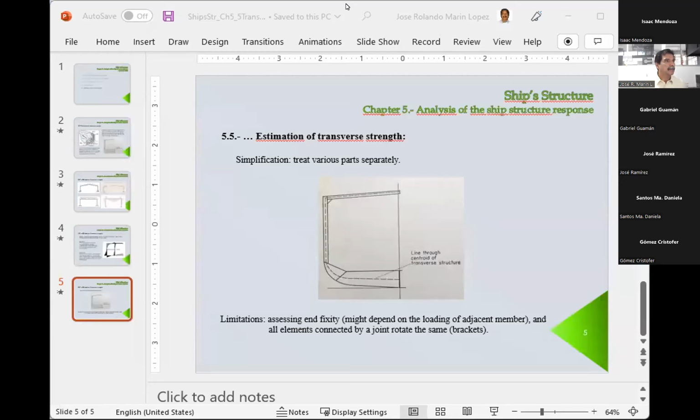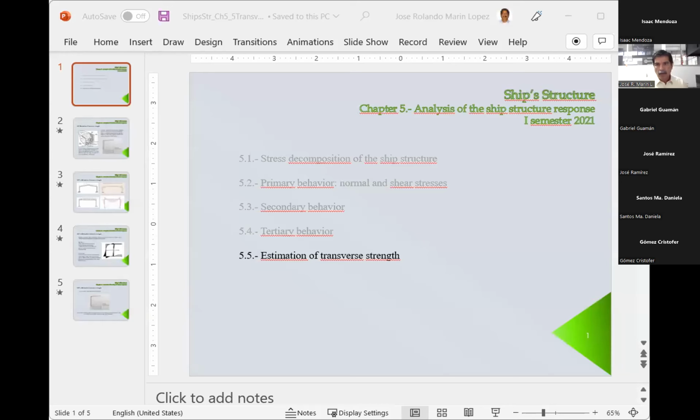Okay, now let's go to secondary. You see my full screen, people? Can you see my full screen?